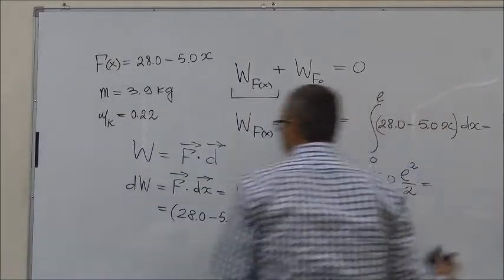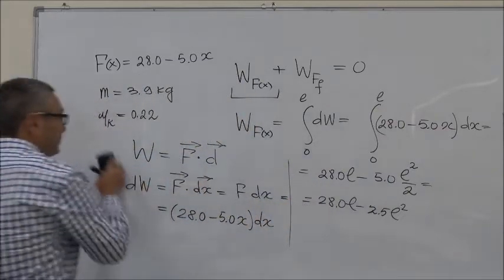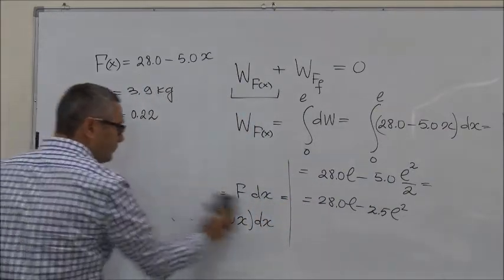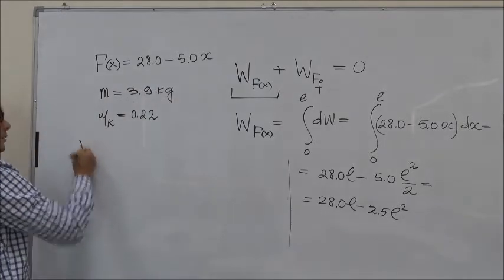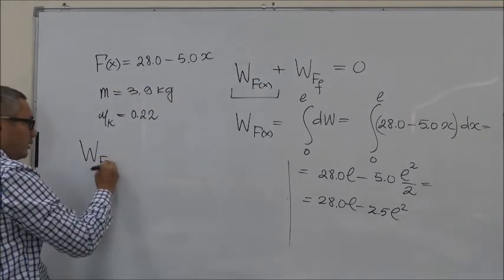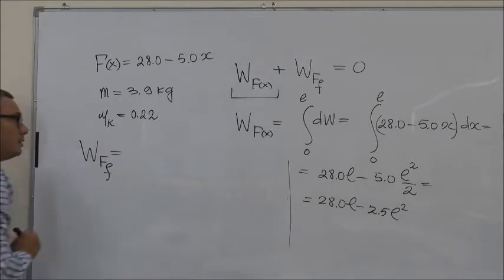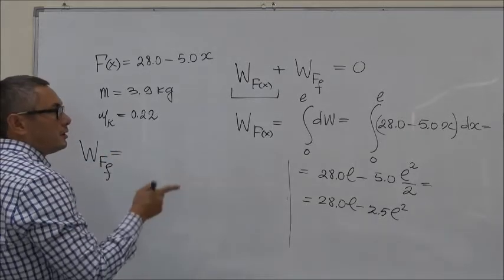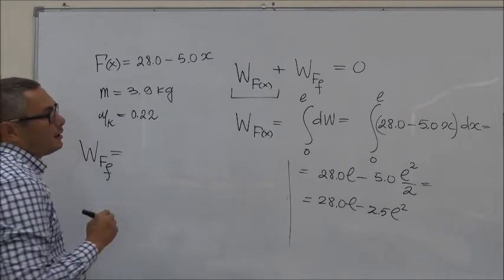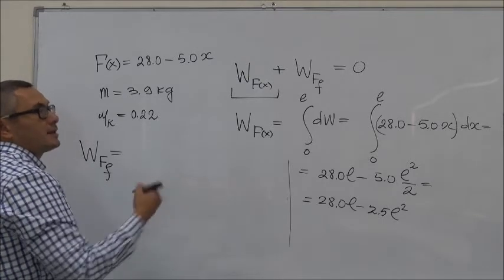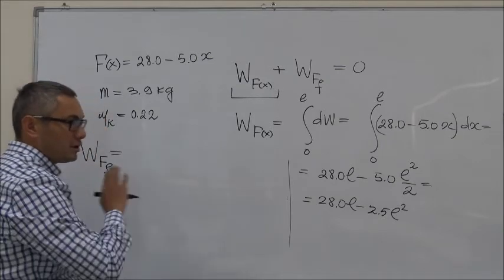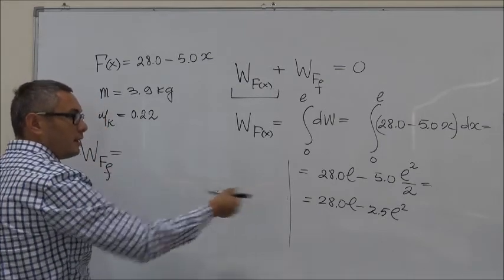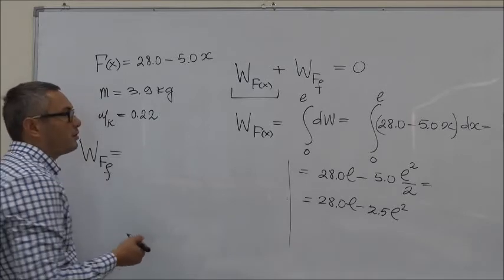Now let's calculate the work done by the friction force. Well, the friction force will be always parallel, actually anti-parallel, to the displacement. If the object is moving to the right, then the friction force will be pointing to the left.